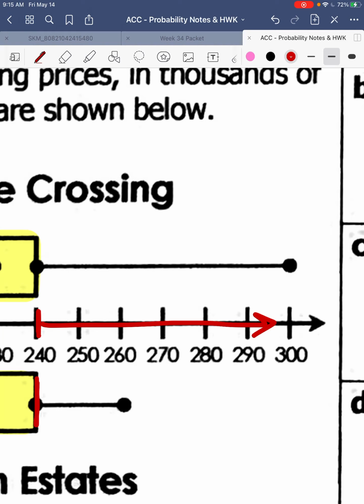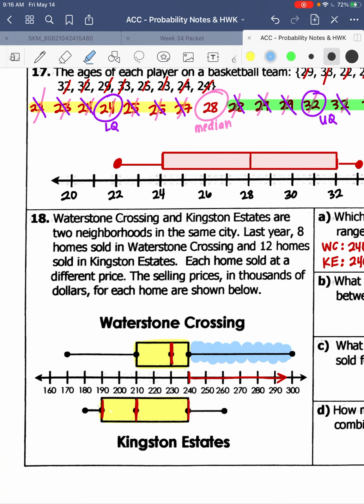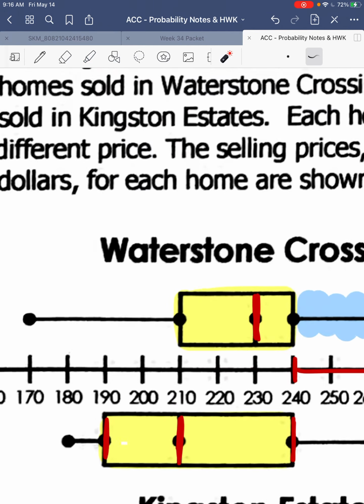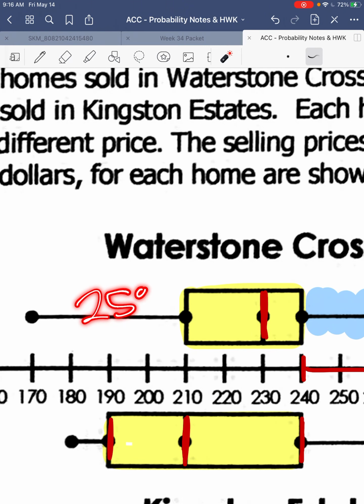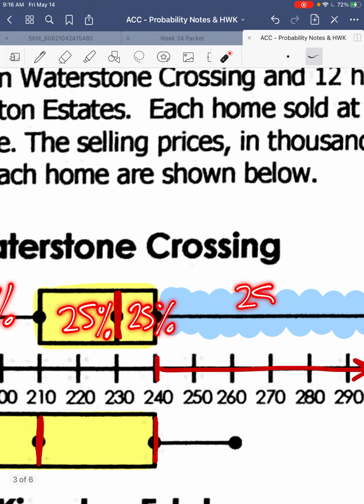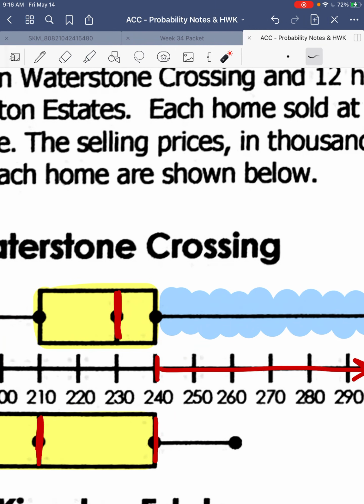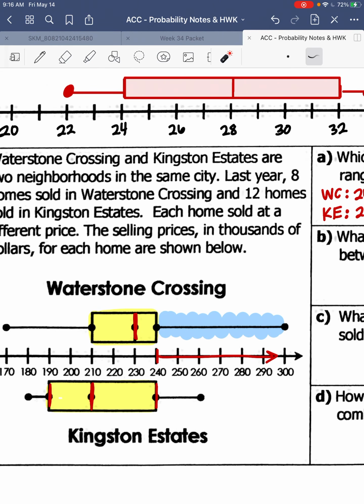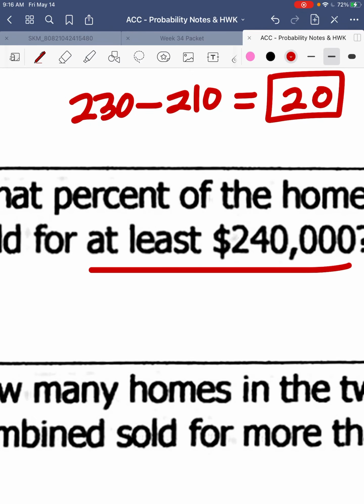So all that includes is this section of the data. And remember when I talked about how each section represents 25%, so this right here is 25%, 25% here as well, 25% here, and that means that this section is also 25%. So 240,000 and up is 25% of the homes.